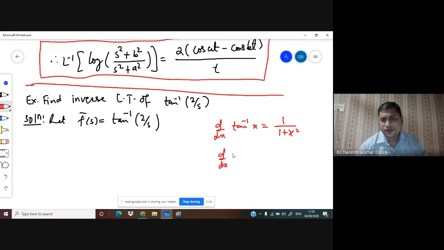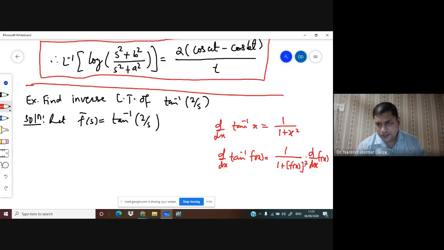If you have tan inverse of f of x, then it is 1 upon 1 plus f of x bracket square into d by dx of f of x. This is the formula we have to use here. Most students commit the mistake of not finding this derivative, and that's why their answer goes wrong. So please be careful.